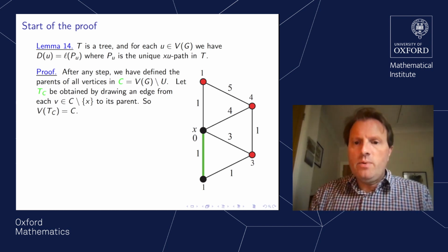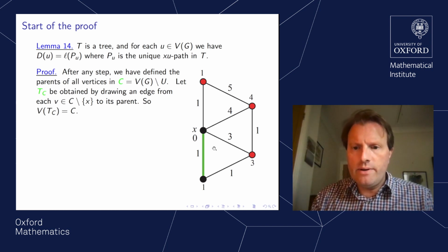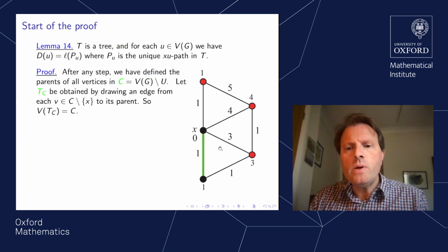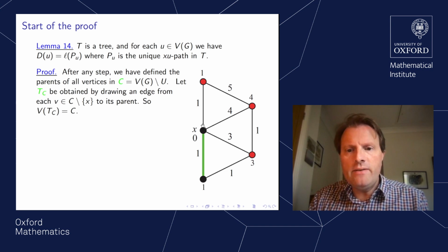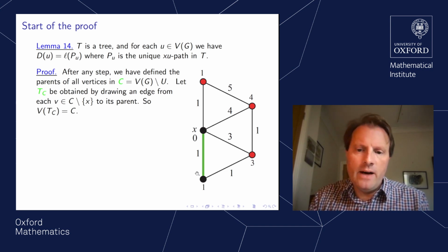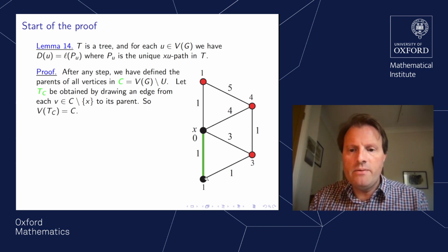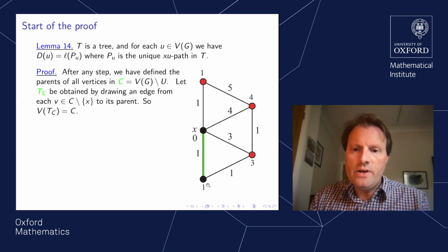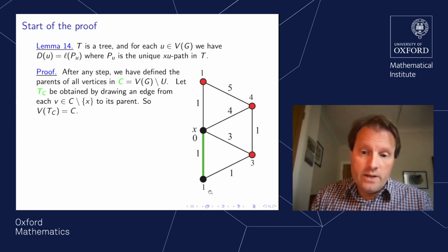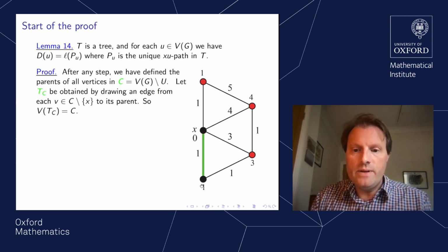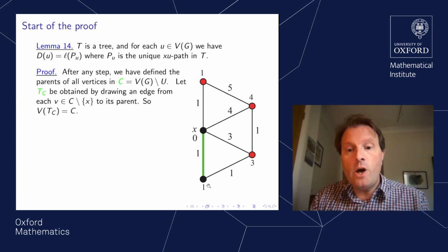Here's an example. We're halfway through the algorithm here. What we've done is we've finalized the D value of X, and we finalized the D value of this vertex here. So C consists of these two vertices, and U is the remaining vertices. Because we finalized the D value of this bottom vertex, we know what its parent is.